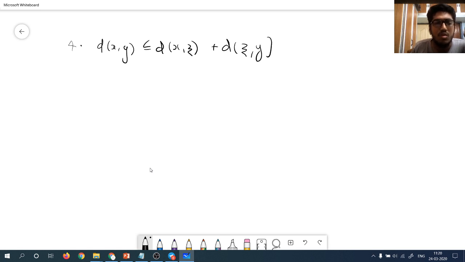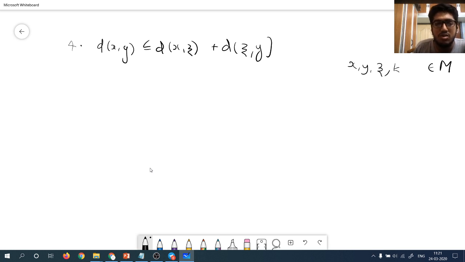Now what she asked is, where x, y and z belong to M, can this be extended to others? Suppose there is a k belonging to M, can this be further extended?